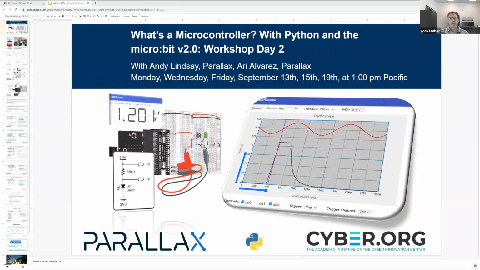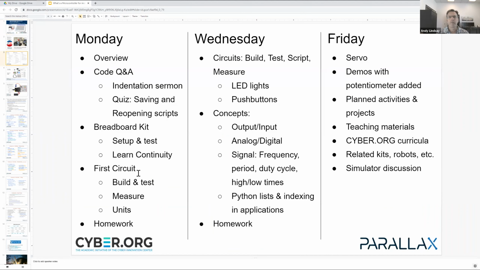All right, welcome back everyone to day 2 of What's a Microcontroller with Python and the Microbit. Today, Wednesday, we are going to be building, testing, and measuring light and push button circuits.